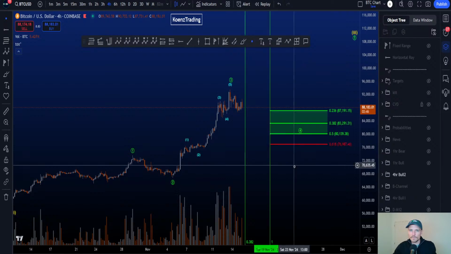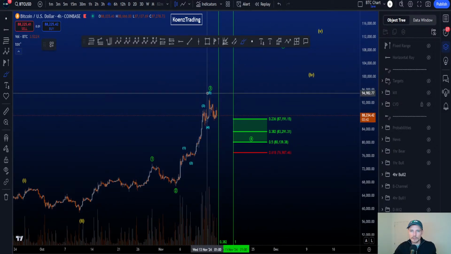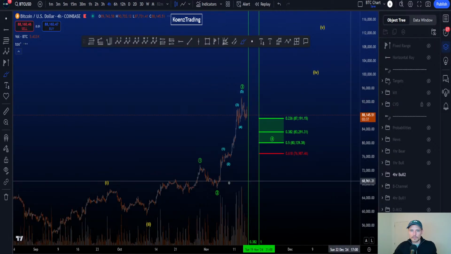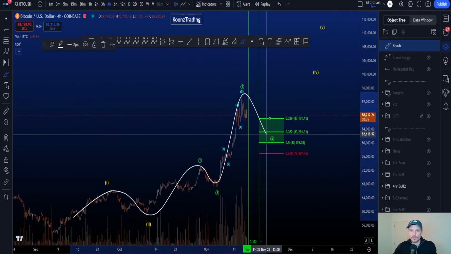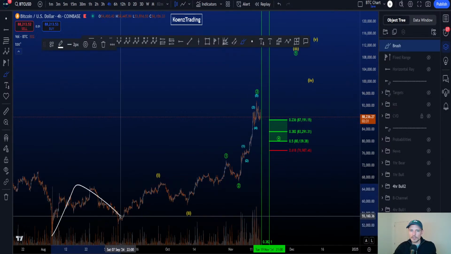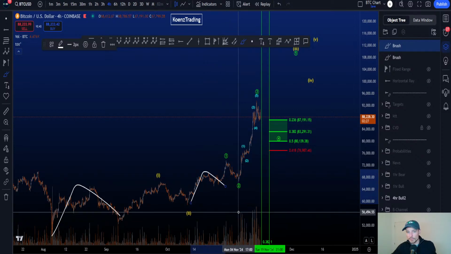On the 4-hour time frame, probability is at the moment higher to look for a bigger corrective structure. So we have our 1 2 1 2 3, and we look for 2 4 5s minimum. We can add more, so you can have another 1 2 here potentially, even another one here to make it a quadruple 1 2.